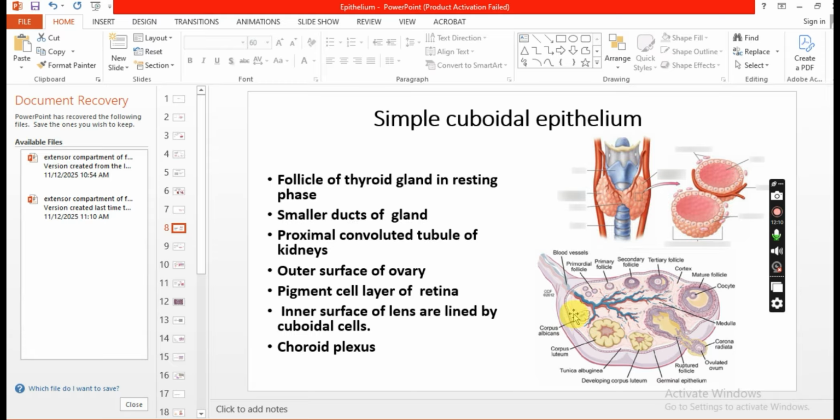I don't want to talk in more detail about that now. Then you can see it again in the proximal convoluted tubule, PCT, the pigment cell layer of the retina, the choroid plexus, and the inner surface of the lens. All these are areas where you can see cuboidal epithelia. You need to remember at least a few of them.